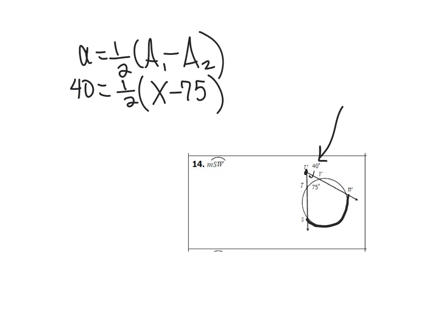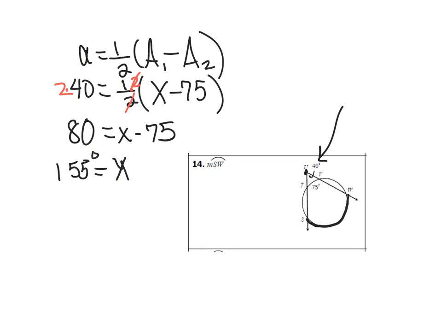We are going to multiply each side by 2 to get rid of our fraction. And we get 80 is equal to x minus 75. Now we add 75 to each side. We get x is equal to 155. So this arc out here is 155 degrees.